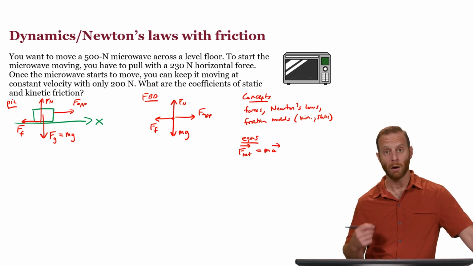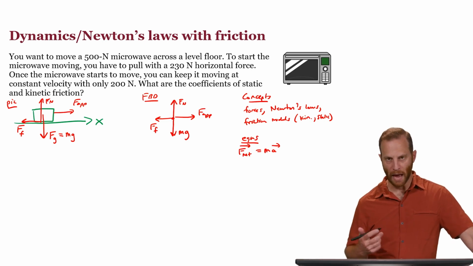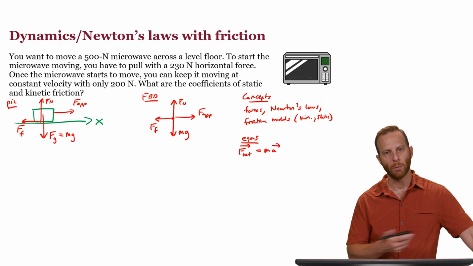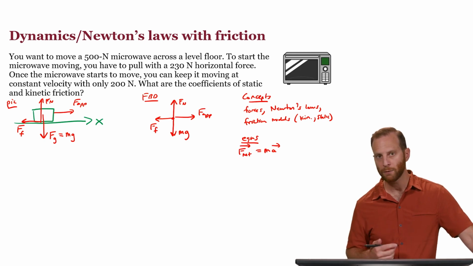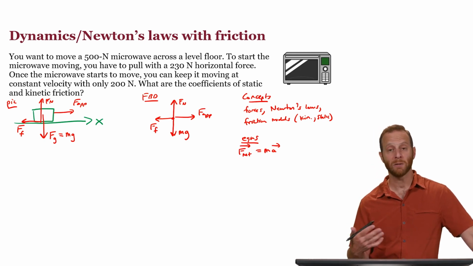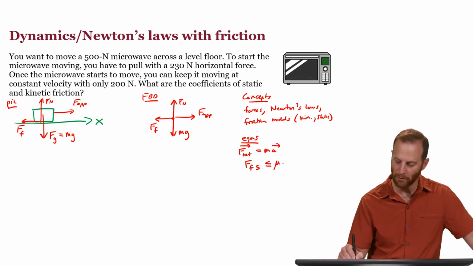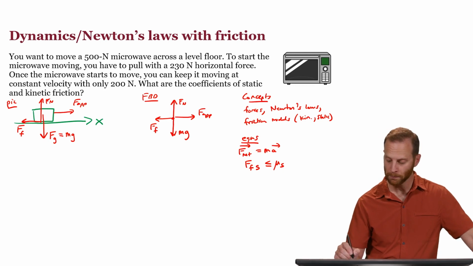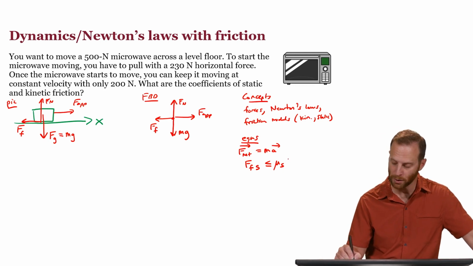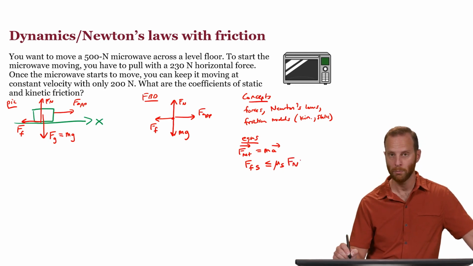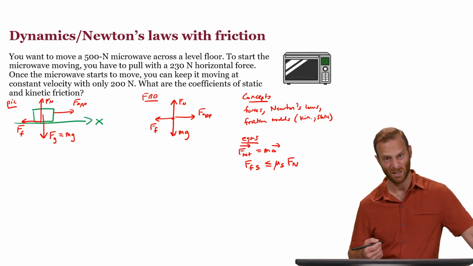We also have our models of friction. Remember that static friction is the force that opposes an applied force, and it is as big as it needs to be to keep the object from moving. So when it comes to static friction, S means static, it can be less than or equal to some maximum value, which according to the model, is the coefficient of static friction times the normal force between the object and whatever surface it's touching.